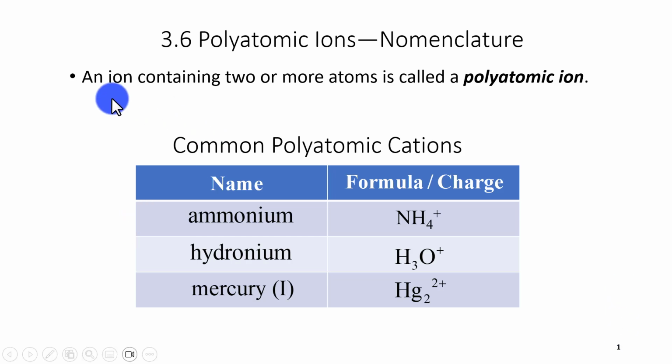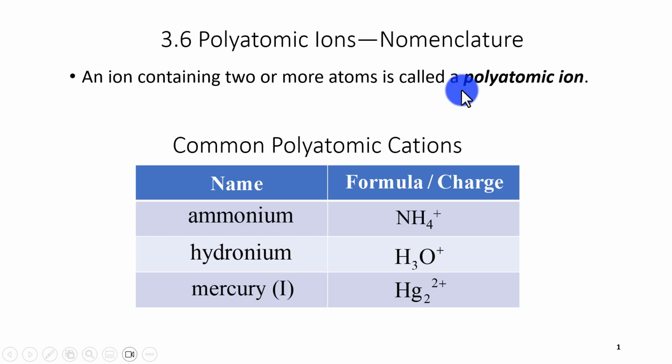First of all, we've talked up to now about how the elements in the periodic table can form ions, cations, which are positive ions, or anions, which are negative ions, but they were made of a single element. Now we're going to talk about polyatomic ions.